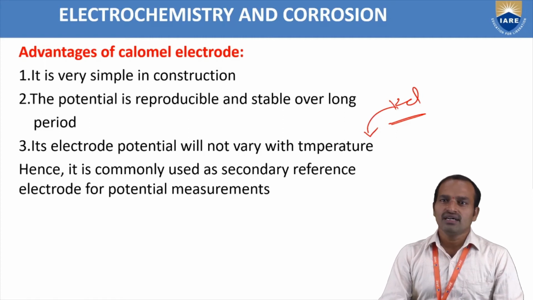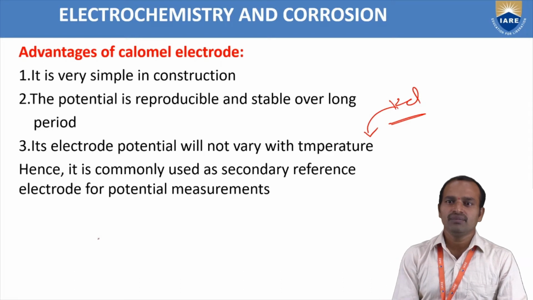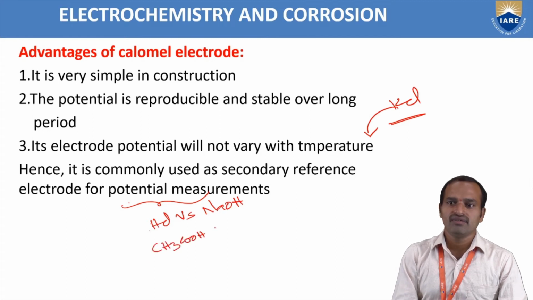Now this calomel electrode is commonly used as a secondary reference electrode for potentiometric titration. In potentiometric titrations, mainly we calculate the acid concentration. These potentiometric titrations are acid-base titrations, that is HCl, a strong acid, versus NaOH, a strong base, and a weak acid CH3COOH versus NaOH.